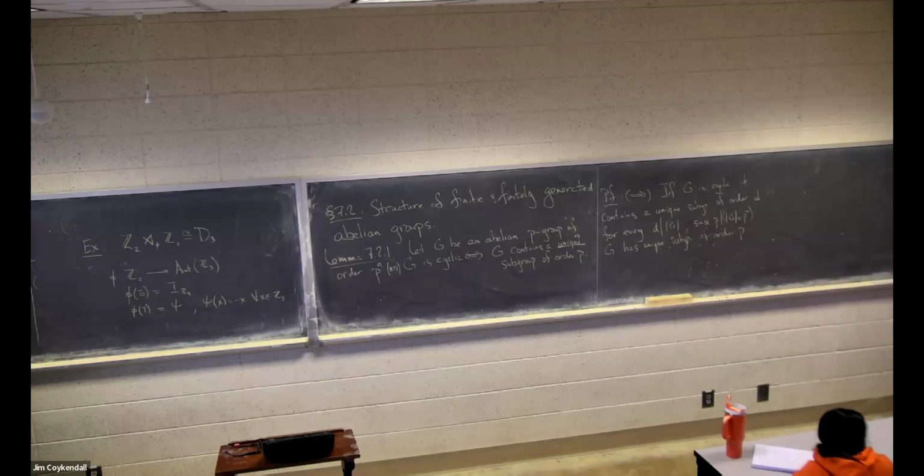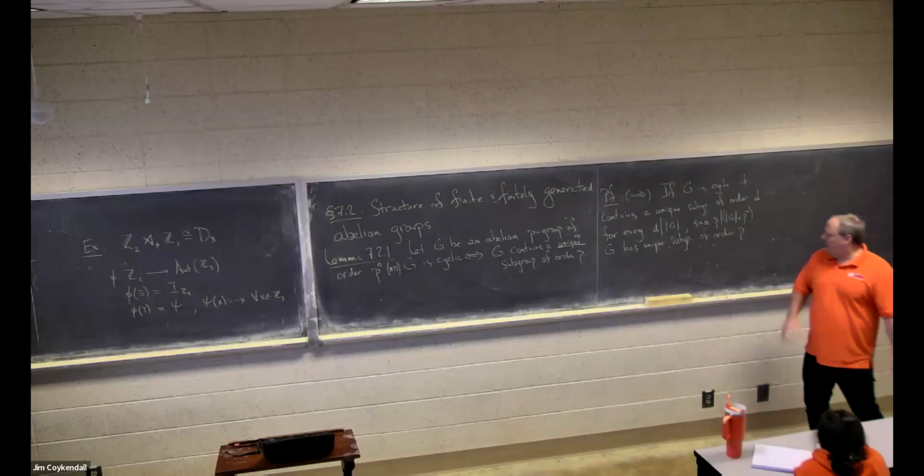Does that mean that when G is cyclic, it has a subgroup of every order that divides it? Yeah, that's right. For any cyclic group, it has one and only one subgroup for every divisor. This theorem we had a long time ago.